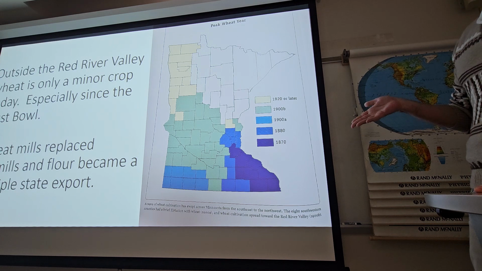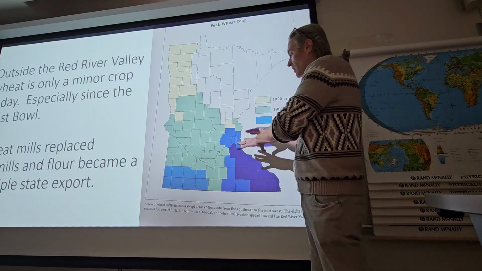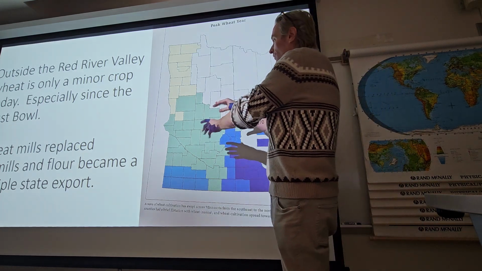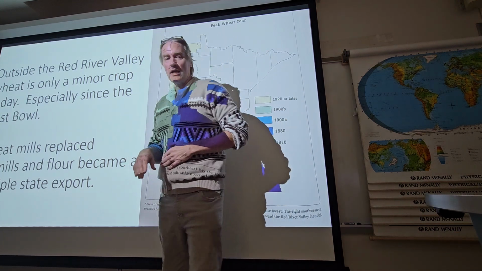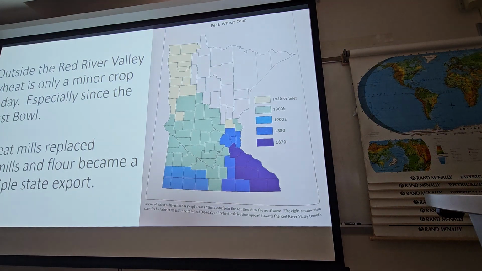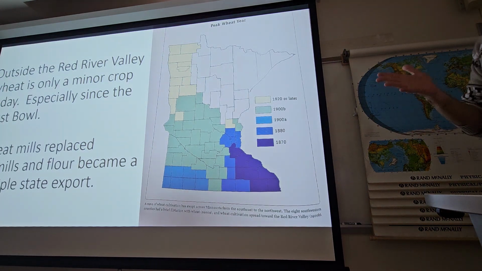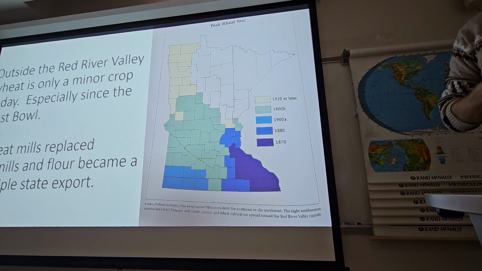It exhausted the soils, and so that's why you see the geography of wheat use. Started in one area, exhausted soils. They moved over, exhausted those soils. Moved over, exhausted those soils, and then they just moved to other states. A lot of the wheat farmers, right? So it was not a sustainable crop if that's all you're growing, right?